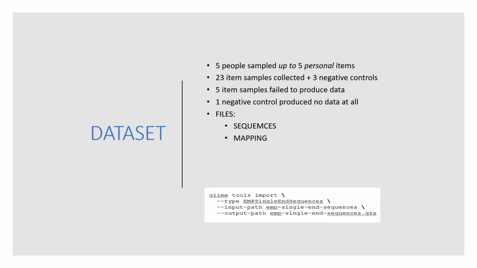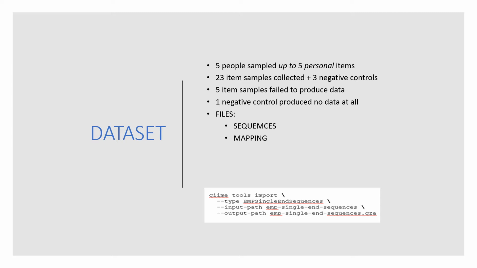The data set was collected by 5 people, who each had 5 belongings that they would be sampling with a cotton swab. Collectively we collected 23 samples, out of which 3 were extra for negative control.